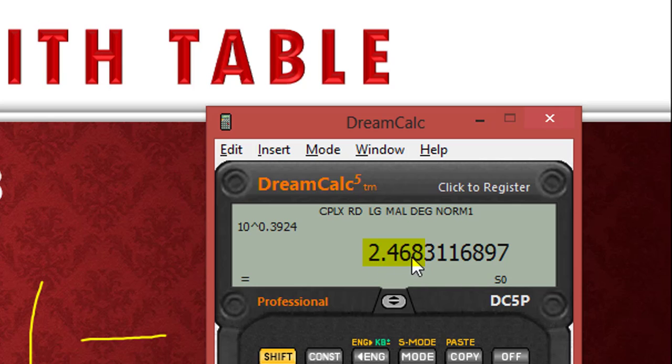All we need is the number 2, 4, 6, 8. If there is any approximation we need to make, the next number after the 8 would approximate to 0, so we still have the same number 2468.